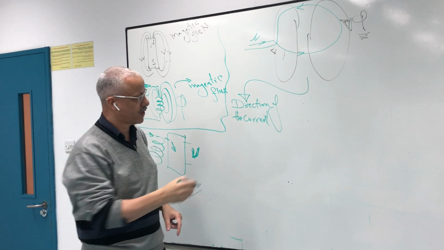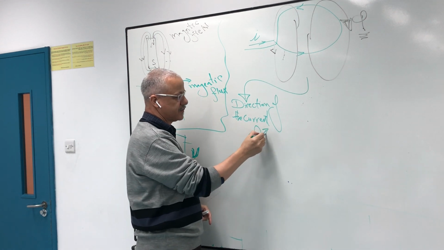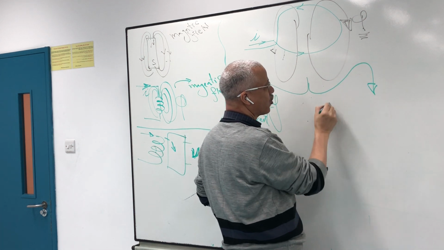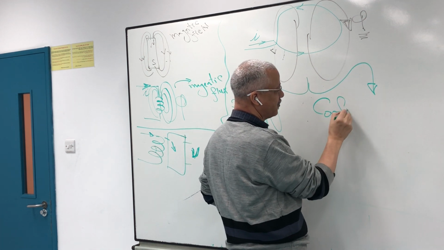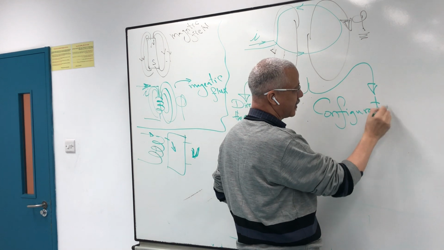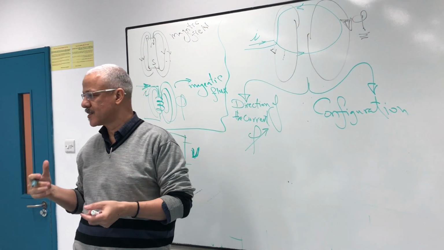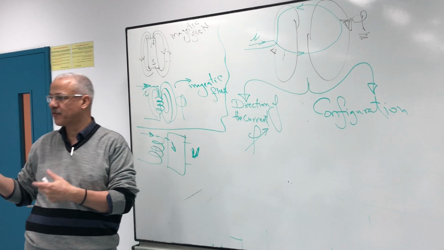Will it change? So the flux will change. What happens if we change the configuration direction of the ring? If you change the configuration, what happens to the flux?